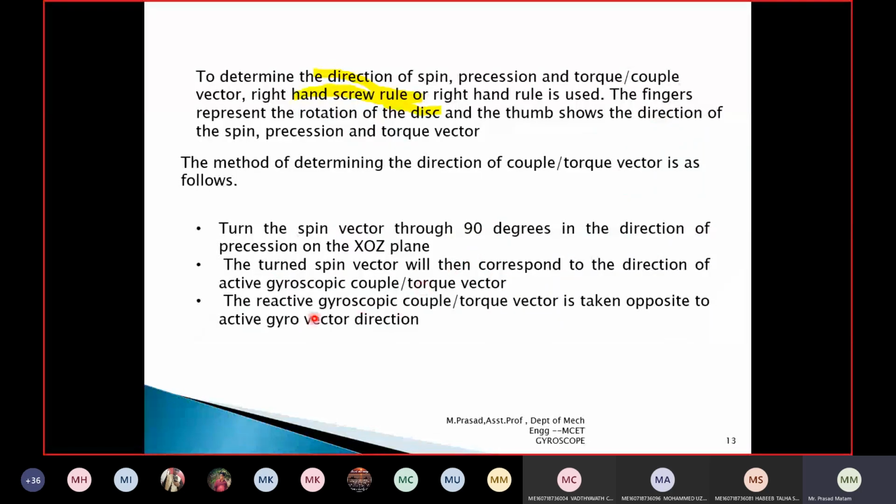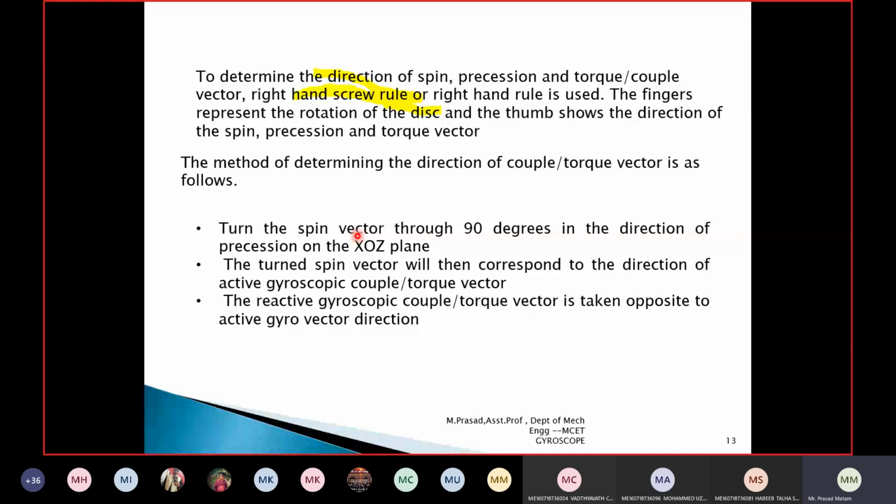First you are getting the active gyroscopic couple. For that active gyroscopic couple, we have to put one more couple which is opposite to the active gyroscopic couple. That is called the reactive gyroscopic couple. The reactive gyroscopic couple or torque vector is taken opposite to the active gyro vector in direction.